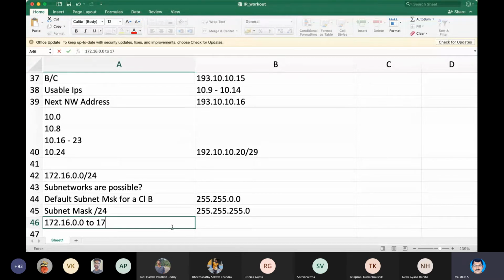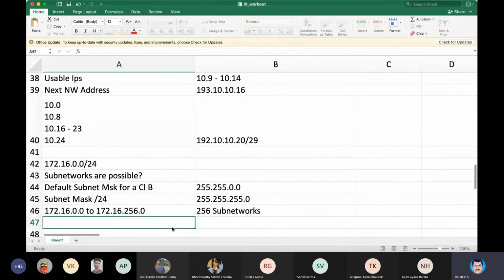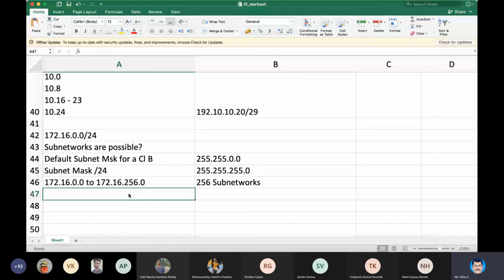So you will have 256 subnetworks possible here. Are you understanding my logic, what I am writing? If not clear, please feel free to ask. You have to understand this. It is not possible to learn by heart. That's why we are going very slowly with this topic.